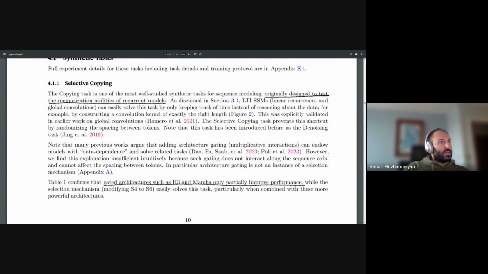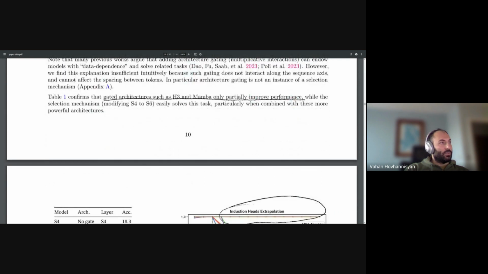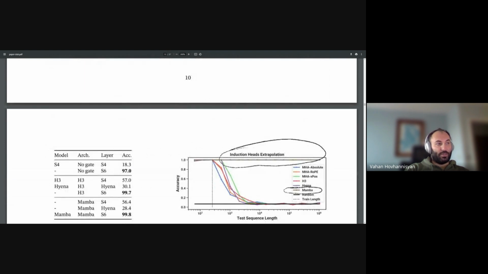So, as we said, the simple copying task was originally designed to test the memorization abilities of recurrent models. Right? If the model can memorize which token follows which token, when you copy, you should be able to easily retrieve the next one, right? And then they show here that the gated architectures like Hyena or Mamba only partially improve performance on selective copying.